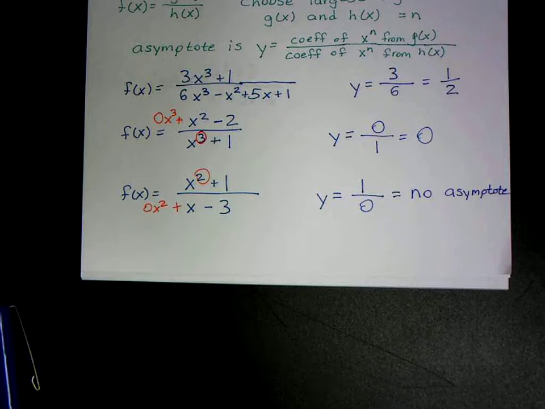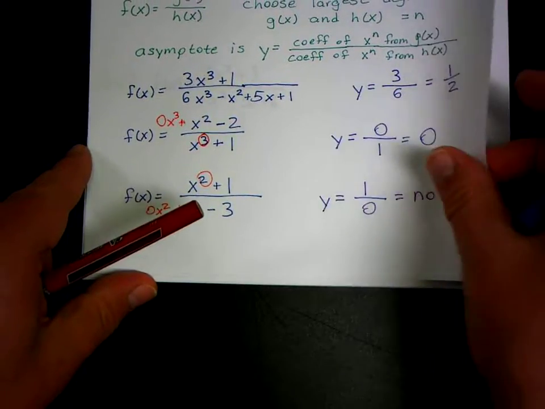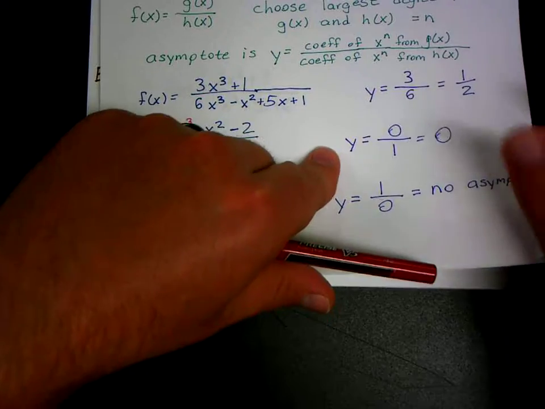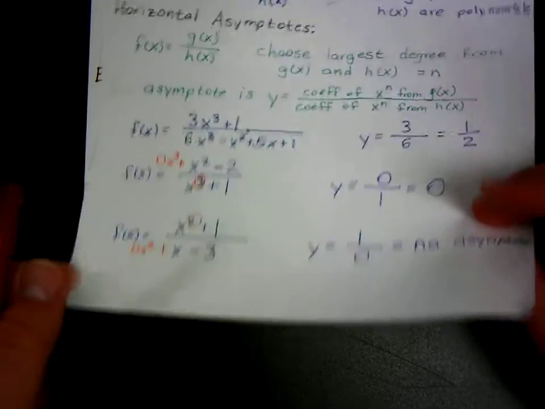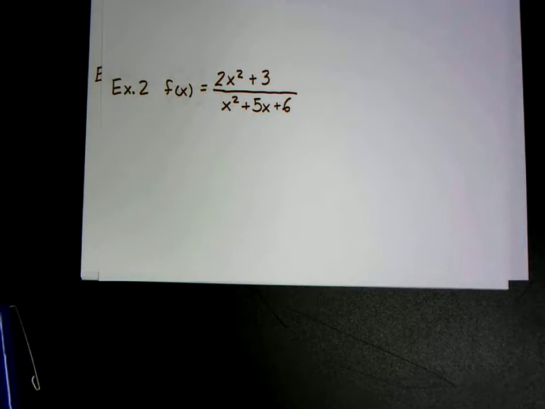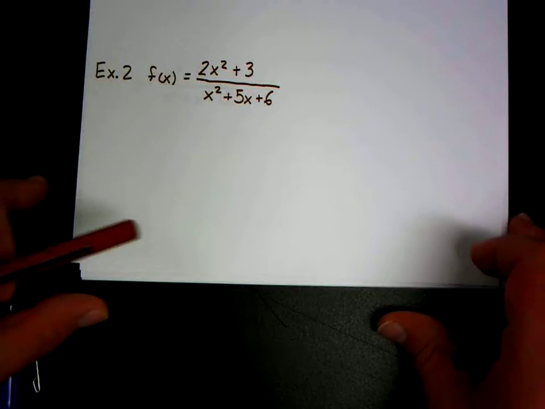We can never have more than one. All right, any questions over horizontal? Now, in the case of no asymptote, funny things happen, but we'll cover that in a little bit.